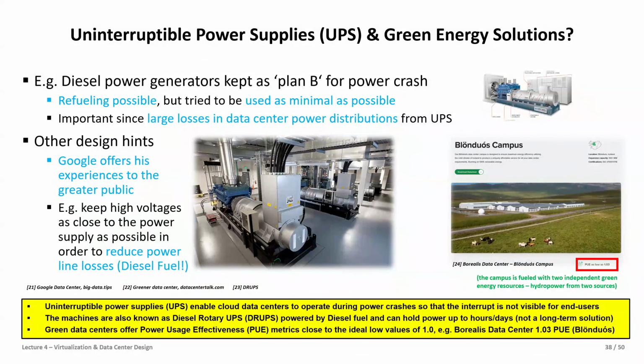That is called DRUPS, diesel rotary UPS, standing for uninterruptible power supplies, UPS. And you usually have a couple of those close to the data center, and there will be somewhere a kind of, probably small, tank for fuel very close to it.